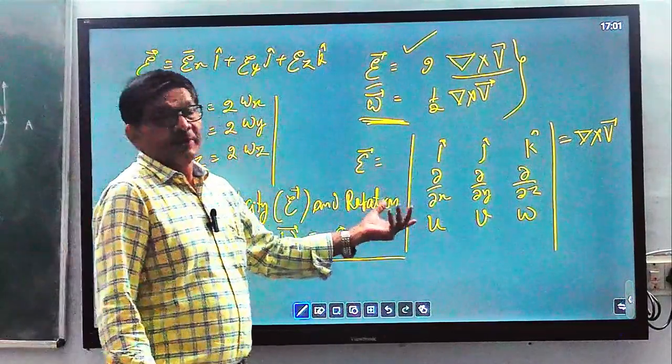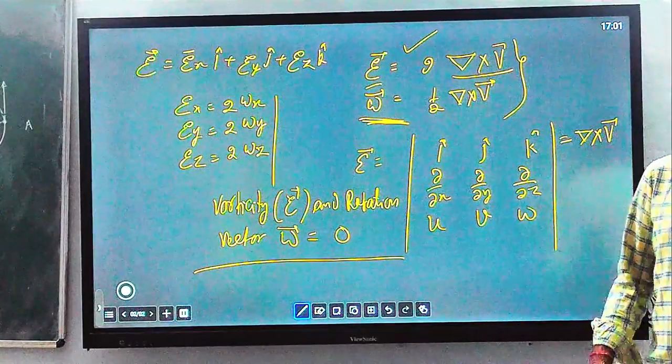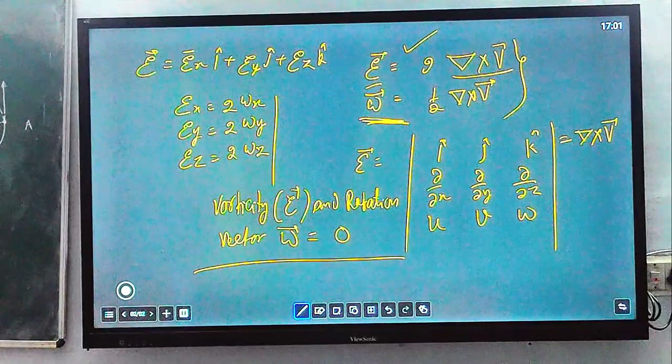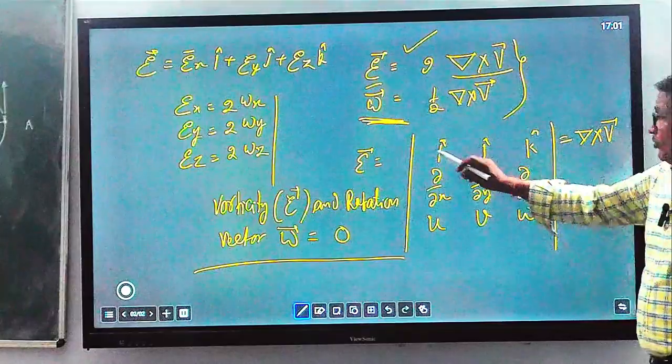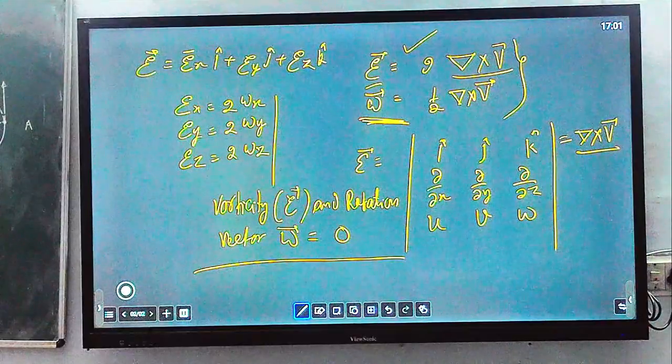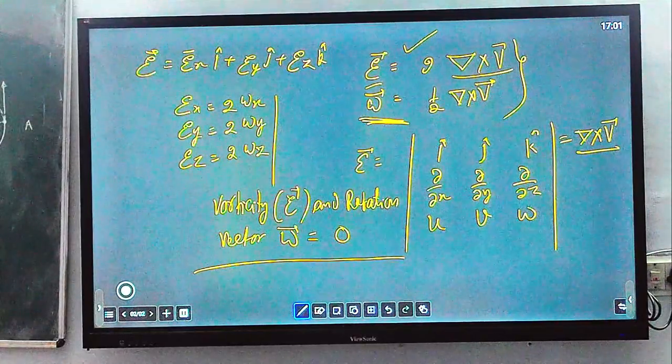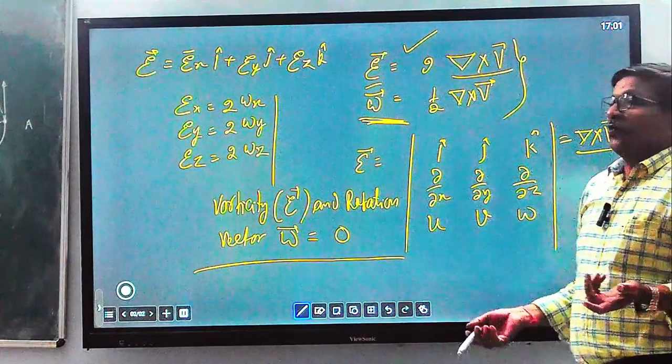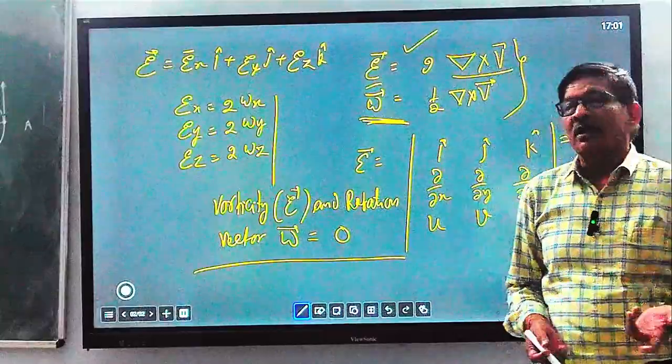For rotational flow, you will always get some values. But for irrotational flow, when you find curl V or half curl V, both will become 0. So this is a way to determine whether flow is rotational or irrotational.